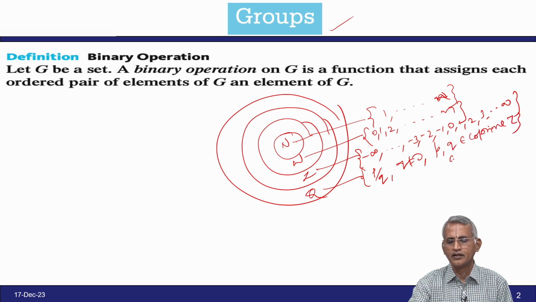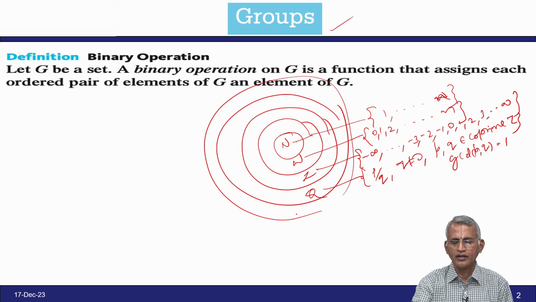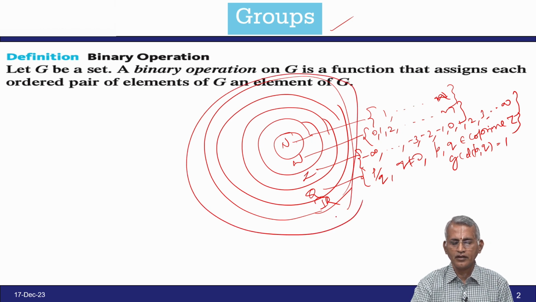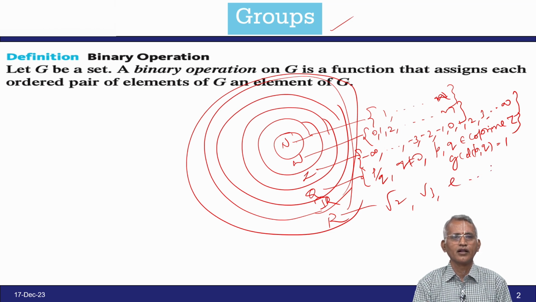It means the GCD of p comma q equals 1. Then we have rational numbers that are terminating or non-terminating recurring, and countable, followed by real numbers, say root 2, root 3, e and so on, terminating and non-terminating. So, this is called the number system.